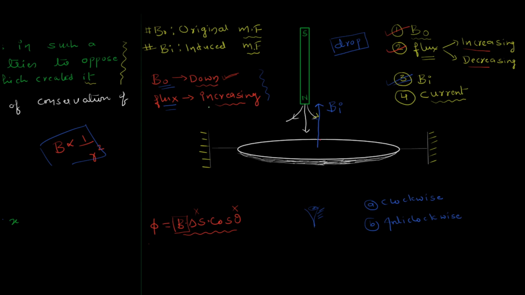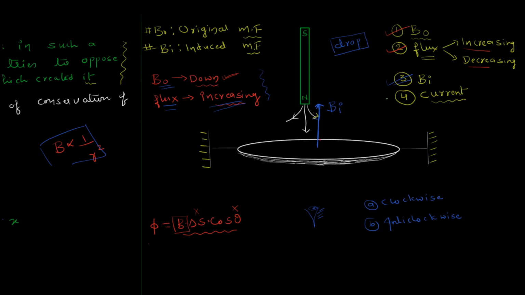So here clearly the flux is increasing. Since the flux is increasing, the induced field should try to oppose that flux. Only then can it oppose the increment of flux, right? So the induced magnetic field has to be in the upward direction. This is the direction of magnetic field which the induced current is going to give.